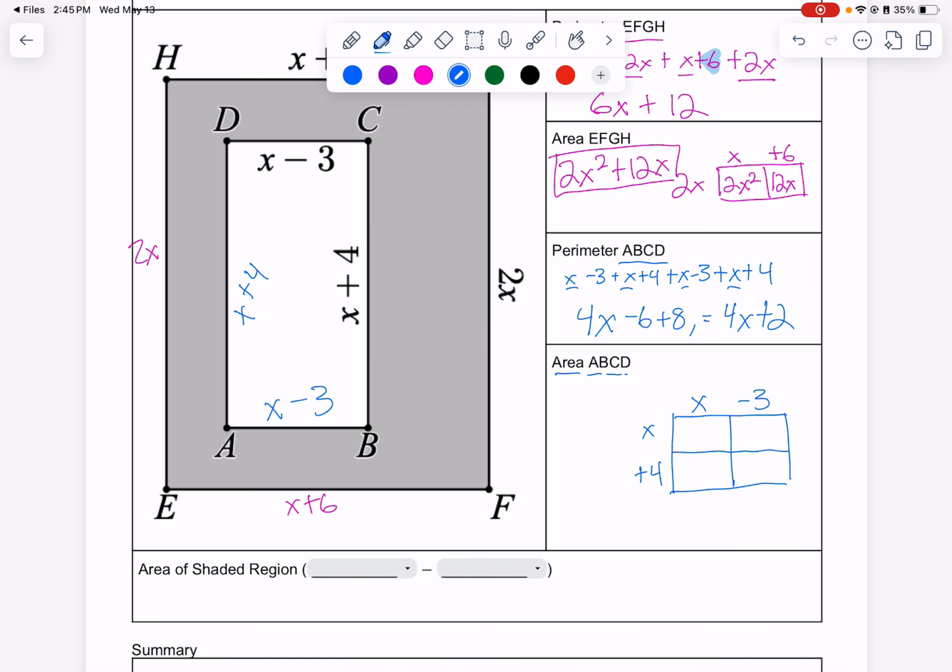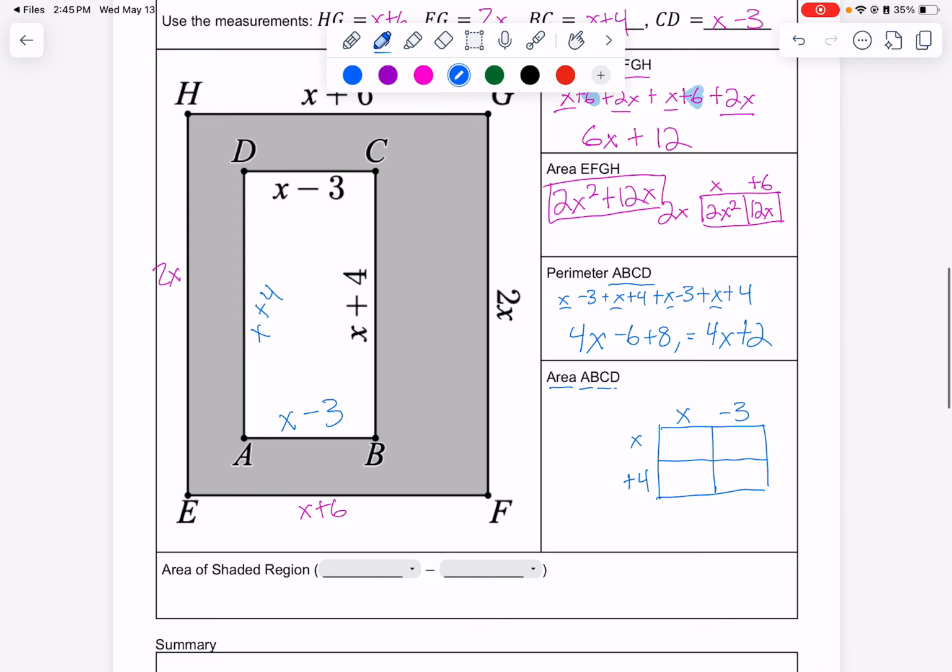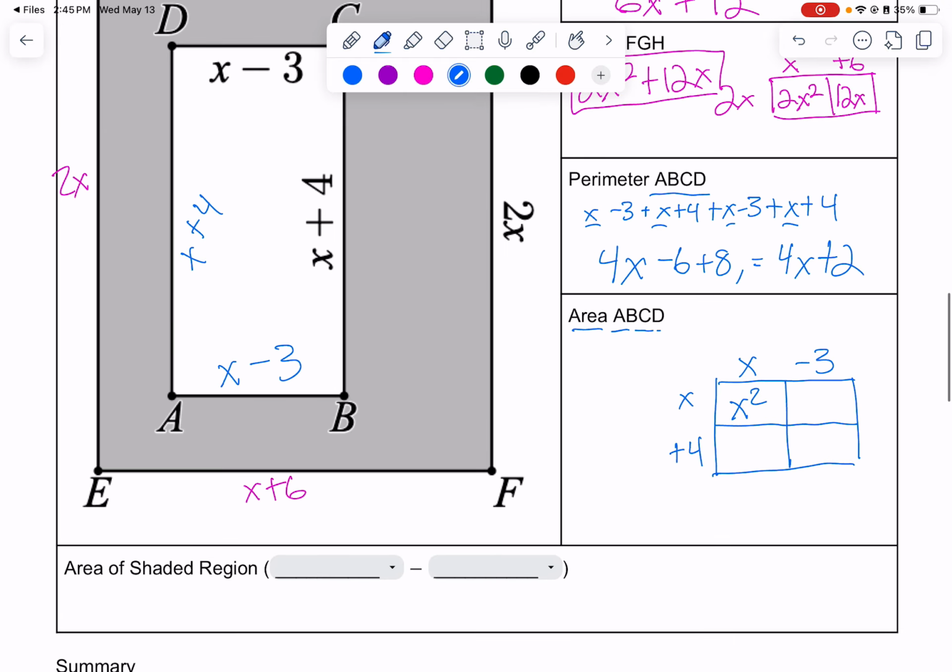So if I do that box model to multiply each of these four groups, we'll have x squared for x times x, minus 3 times x is minus 3x, x times 4 is a plus 4x, and minus 3 times plus 4 is the minus 12, because a negative times a positive is a negative.